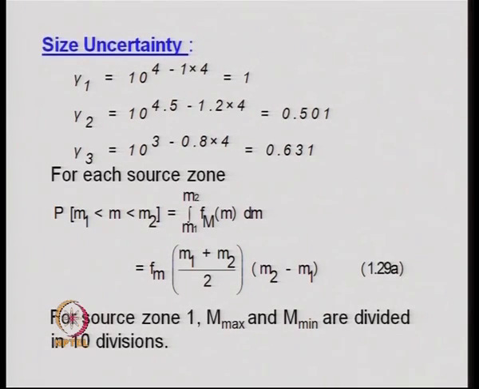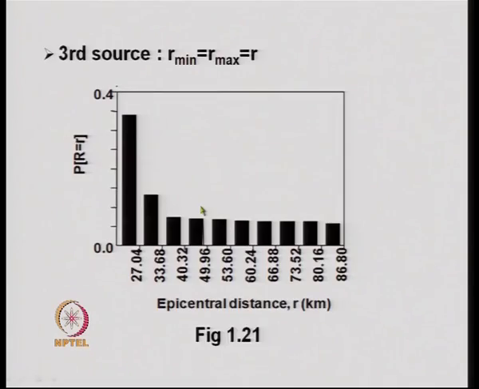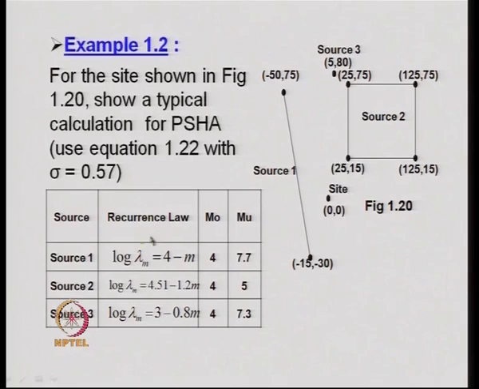The occurrence rate of the earthquake is given by this formula. So, here we get the value of A as 4 and B is equal to 1.